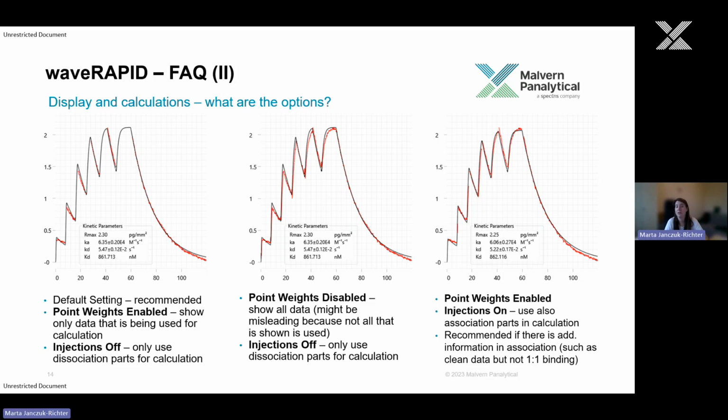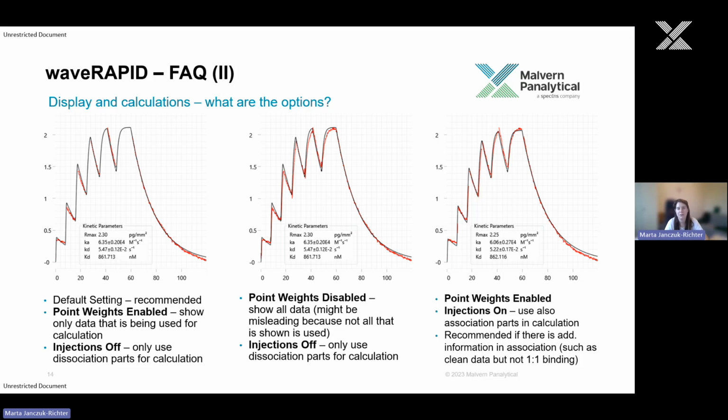We can also turn injections on and use them for analysis. This is this case. Now I enabled point weights, but I turned on injections. Because I turned them on, they also appeared because this data is now used for analysis. And this is usually recommended when there is really additional information there, such as, for example, biphasic behavior that is deviating from 1 to 1.